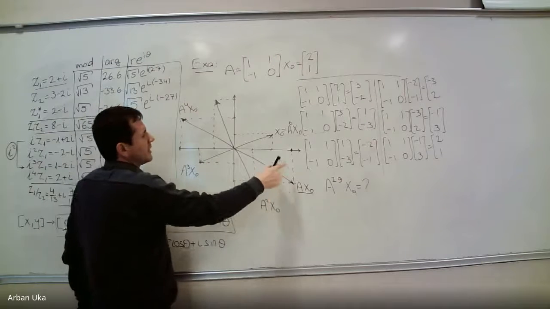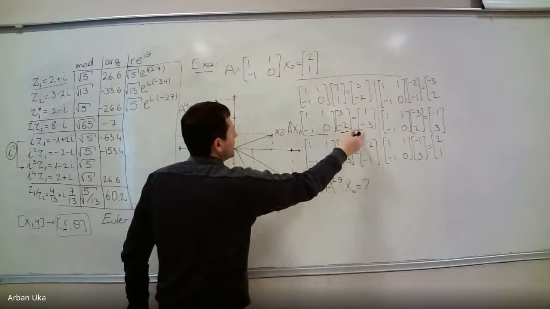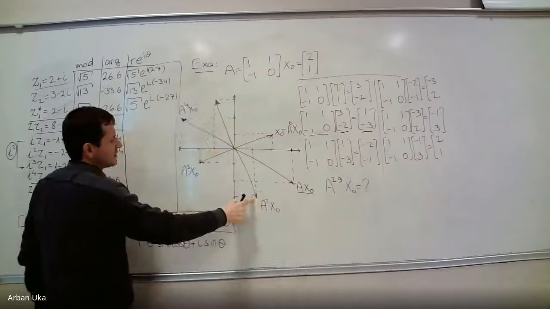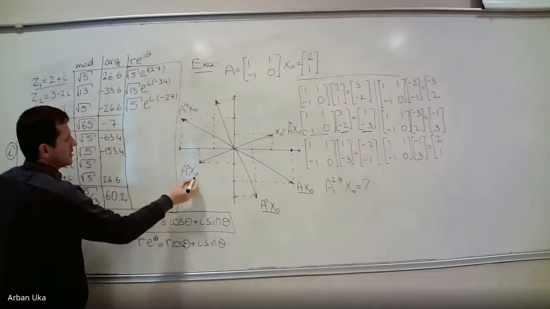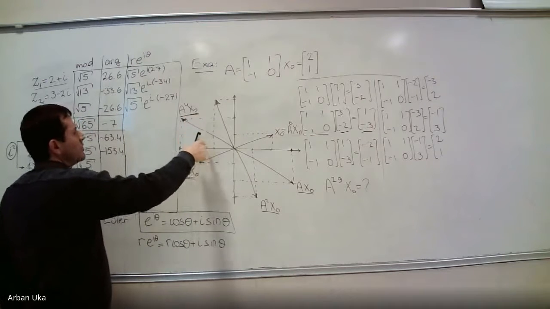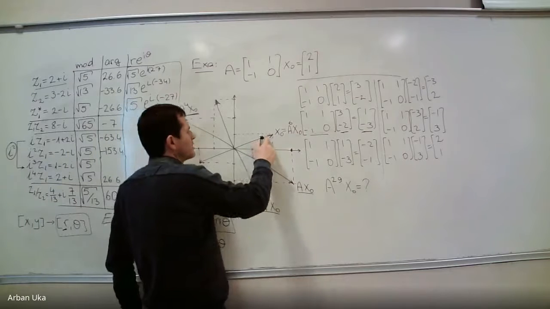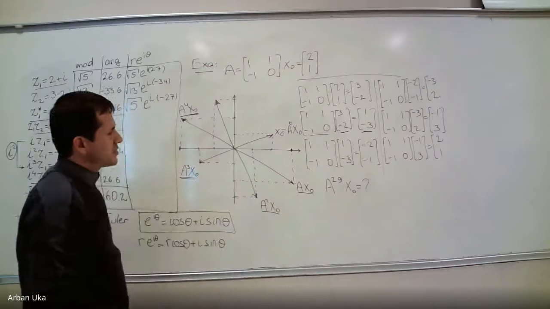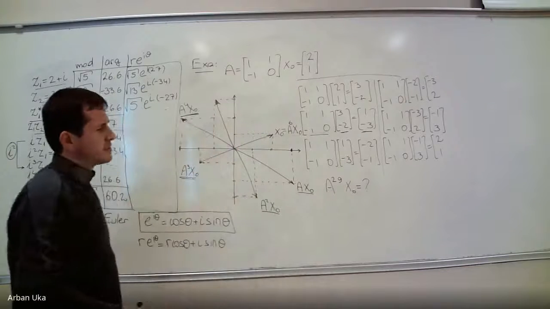We multiply again by A, applying this matrix onto the vector 3, minus 2, and we get 1, minus 3, which is A squared x0. We multiply again and get A cubed x0. It looks like we are continuously rotating. And then A to the power 6 times x0 brings us to the same initial vector. So my question is, what do we get if we multiply A to the power 29 times x0?